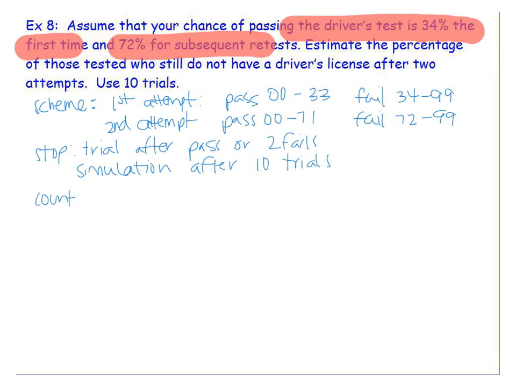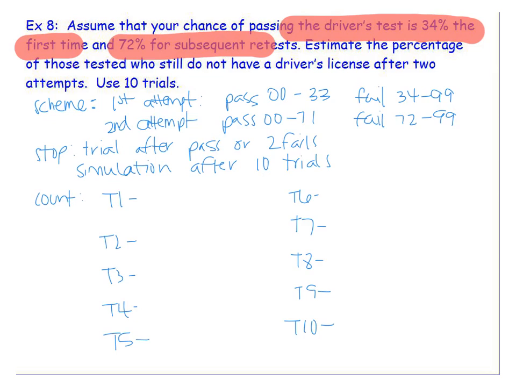All right, so let's look at our count. Trial 1, 2, 3, 4, and 5, 6, 7, 8, 9, and 10. So we have to pause each time and decide on the first attempt, did they pass or fail?